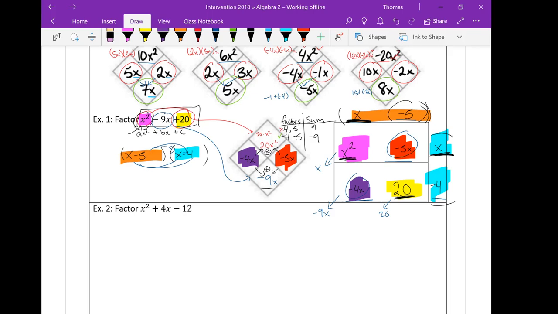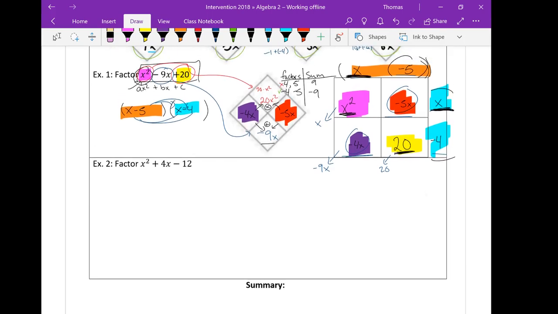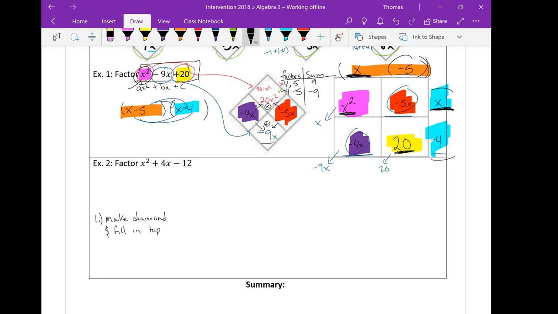Okay, so there are a lot of steps in this process, but I'm going to break it down at the start of this one and give our steps ahead of time. Step 1, we want to make our diamond and fill in the top and the bottom.